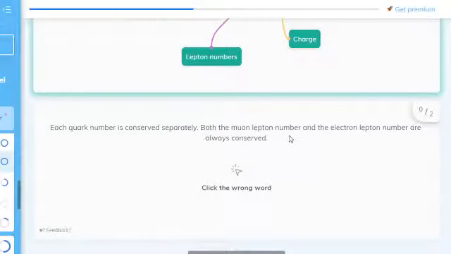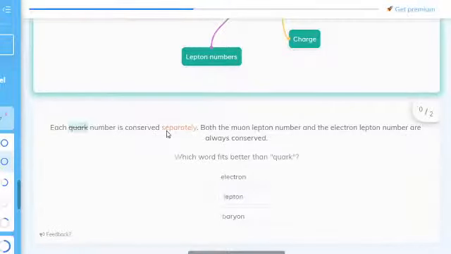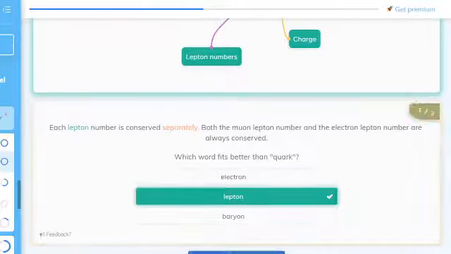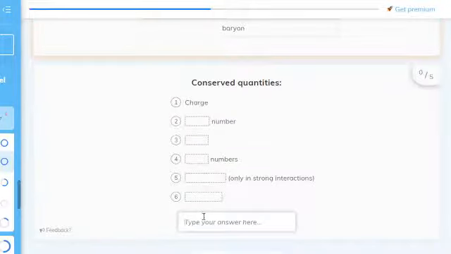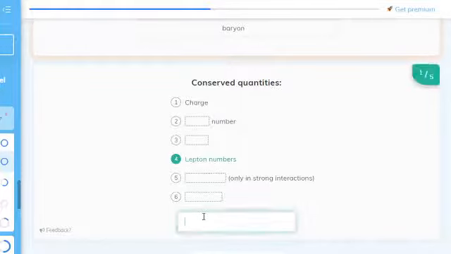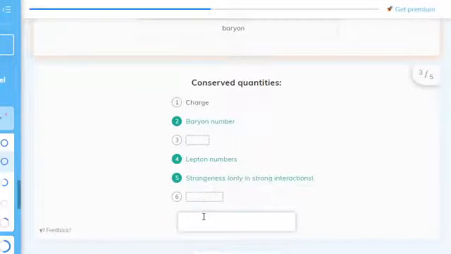Both the muon lepton number and the electron lepton number are always conserved. Each lepton number is conserved separately. I keep wanting to say mass, but that's not there.